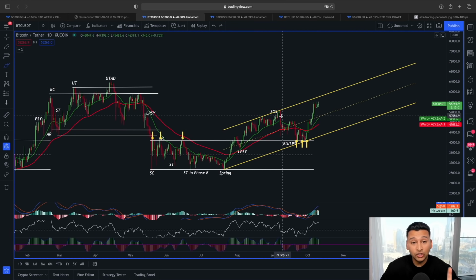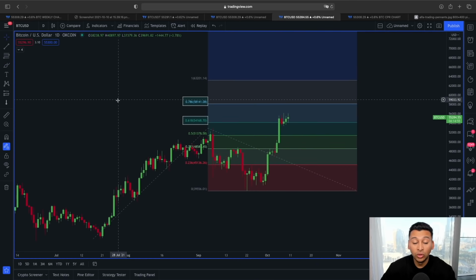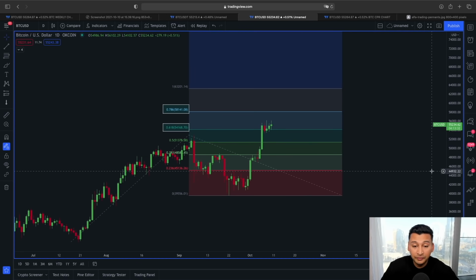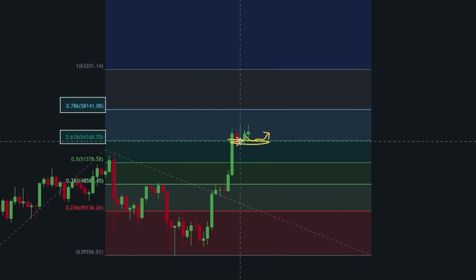But if we do see any sort of a pullback, then we are also aware the Fibonacci lines are going to play a very important role. Because if you look at this price structure in a very simple way guys, if we do see any sort of a pullback, the 0.618, which is lying around 54,000, is going to be one strong line of support here in a daily time frame.